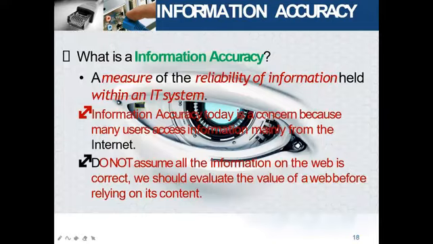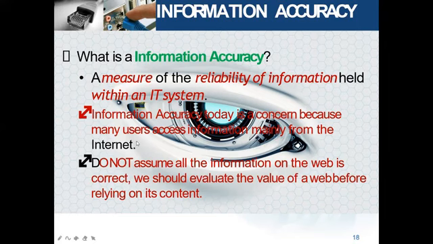Now first come to the first one, information accuracy: a measure of the reliability of information held within an IT system. Information accuracy today is a concern because many users access information mainly from the internet.